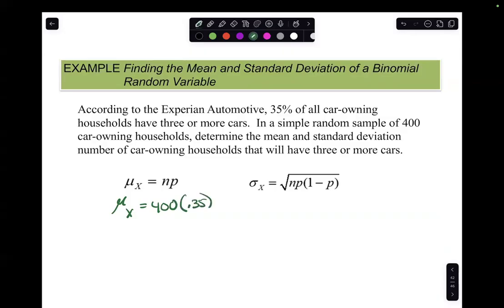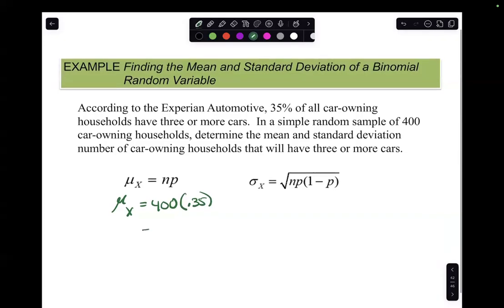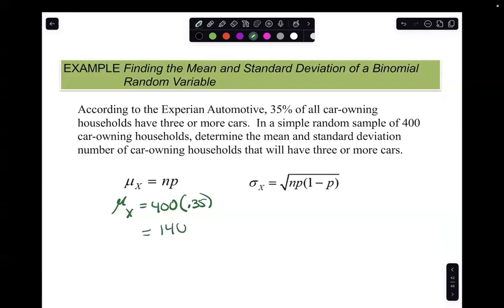This tells us how many we would expect. So out of the 400 households, you would expect 140 of them to have three or more cars. That's what we would expect. That's what that expected value means in this case, that out of 400, you would expect 140 of them.